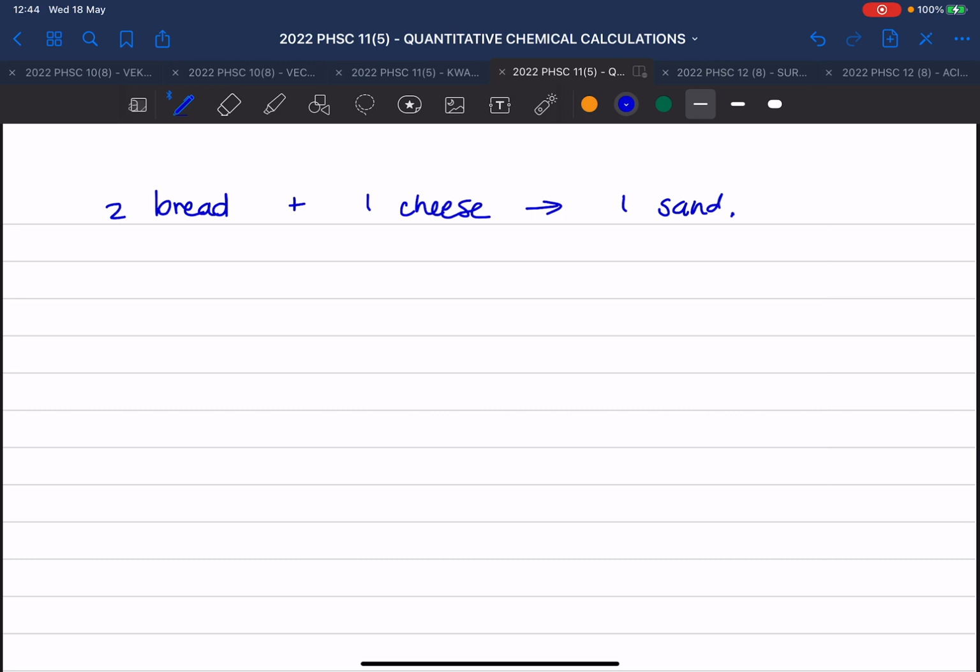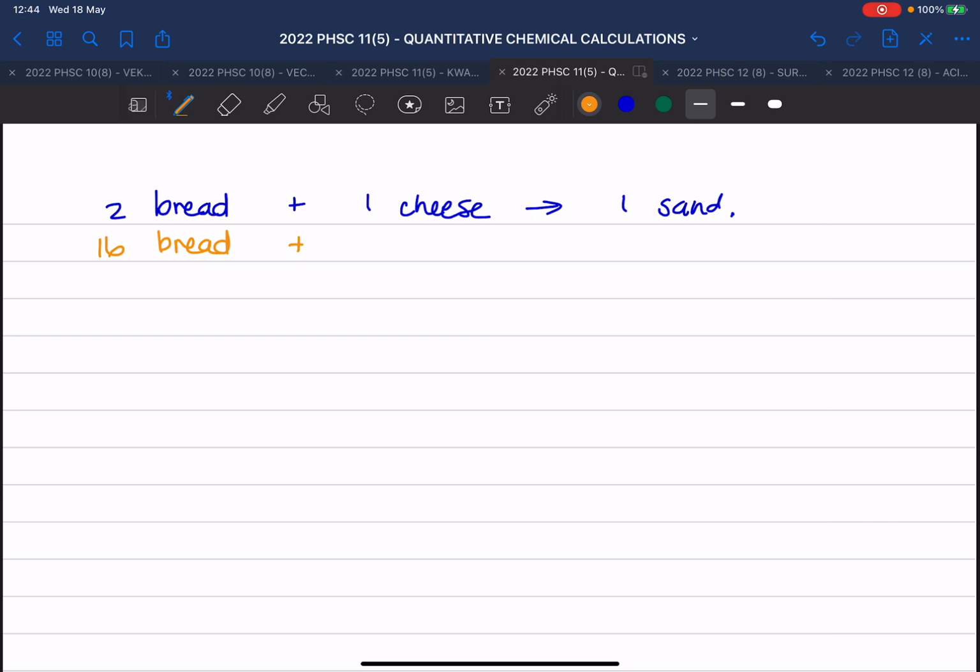Now you go buy a loaf of bread. How many slices are there in a loaf of bread? 16? I think there's 18. We're going to go with the first number I heard. So you go buy a loaf of bread, and the loaf has 16 slices of bread in it.